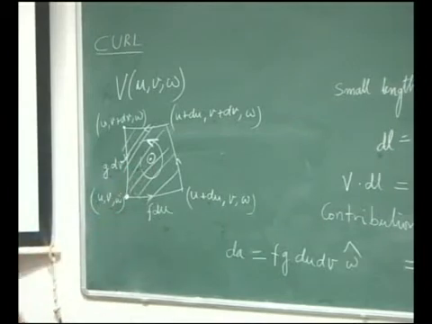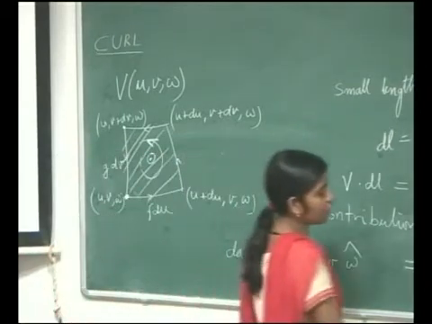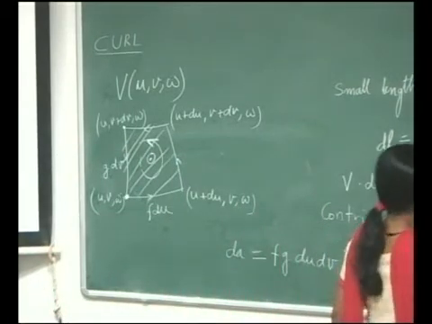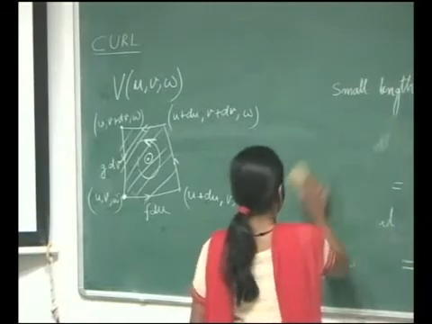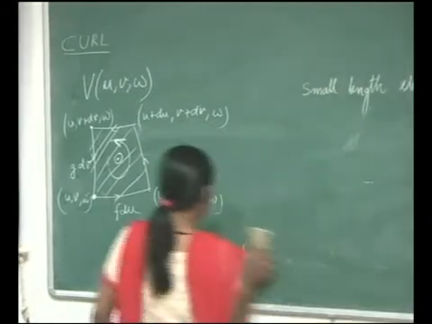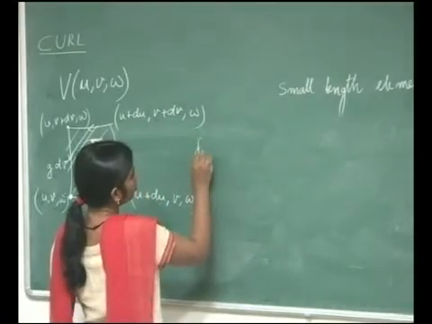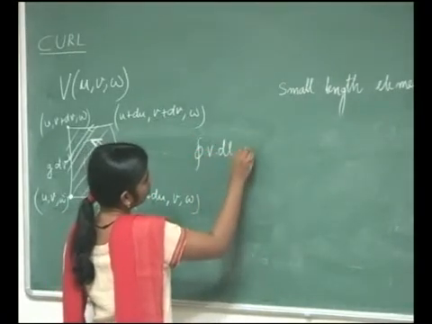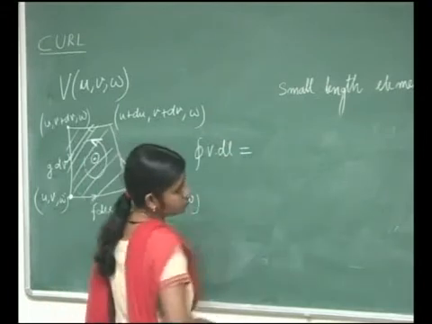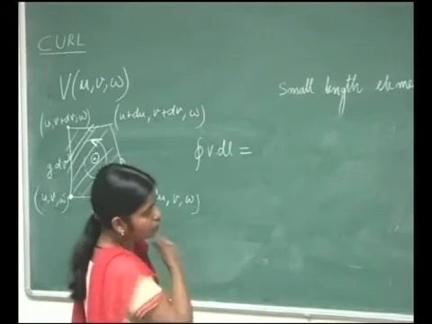I do not have to go into the detail of the calculation, just by looking at this expression I can write that the complete V dot dl would be equal to, this is along the W cap direction.